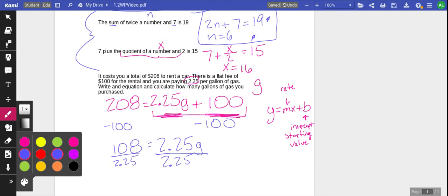So 108 divided by 2.25, and I get 48. All right, so I want to write out nicely right here my equation. 208 is equal to 2.25 G plus 100, and I've got 48 gallons.